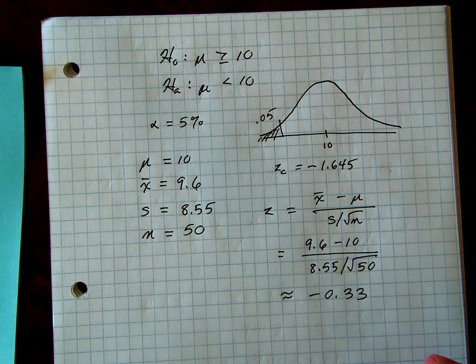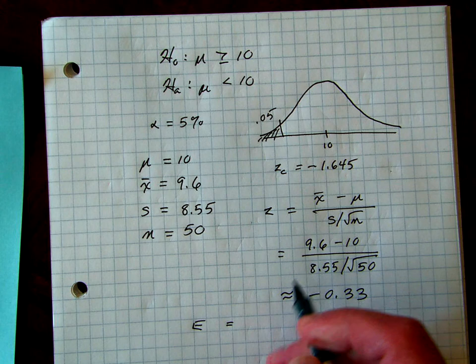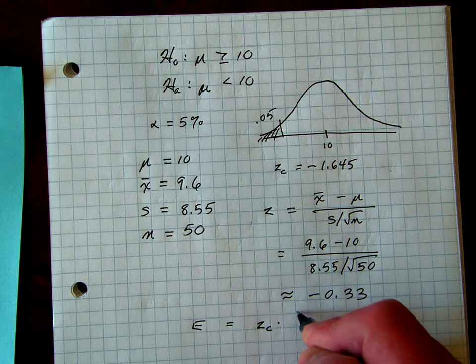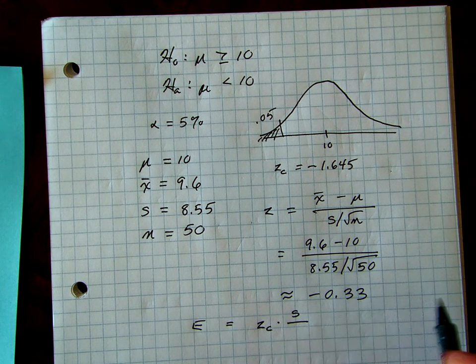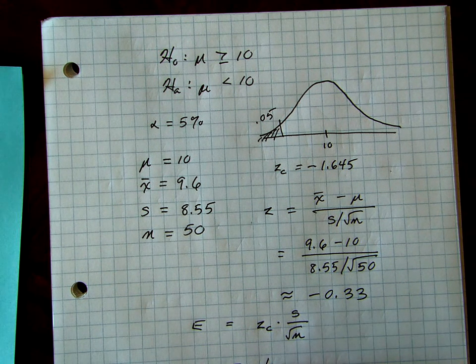There are a couple of other things that you can do to take a look at this. For example, if you take a look at the error range, E, which would simply be our critical value times our sample standard deviation over the square root of n, we'd be looking at 1.645 times 8.55 over the square root of 50.